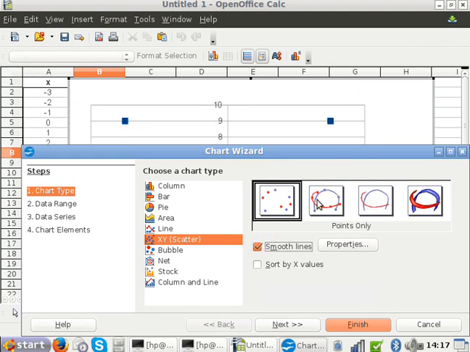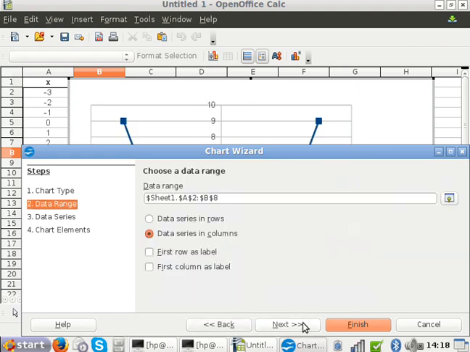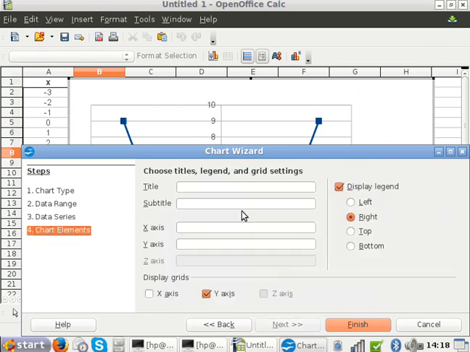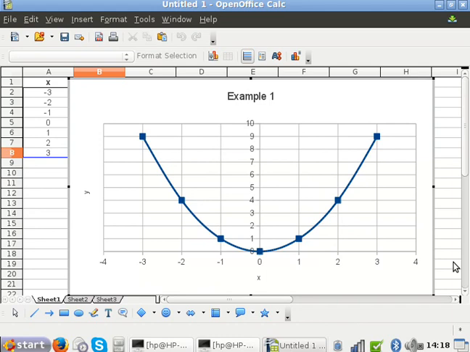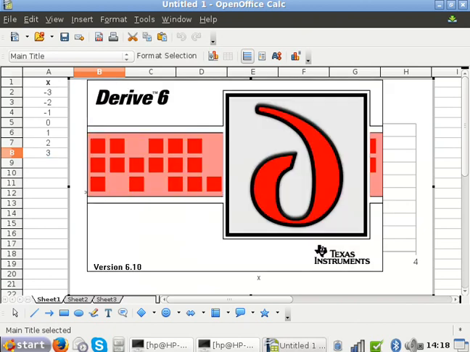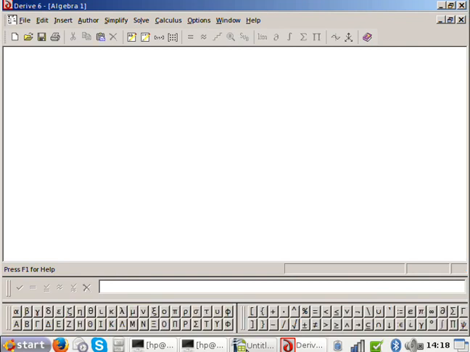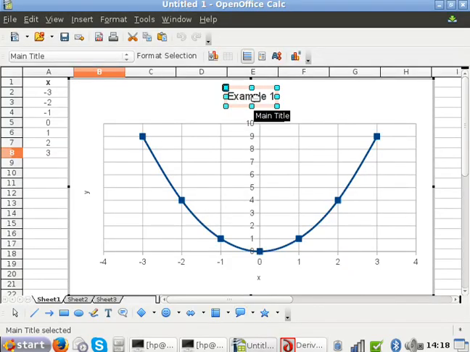We want that, and we want that, and we want to go next, next, next. So, title, this is question, or example 1. X-axis is X, Y-axis is Y, and that's the shape. So that's y equals x squared. Actually, let me give that as the title. There we go.